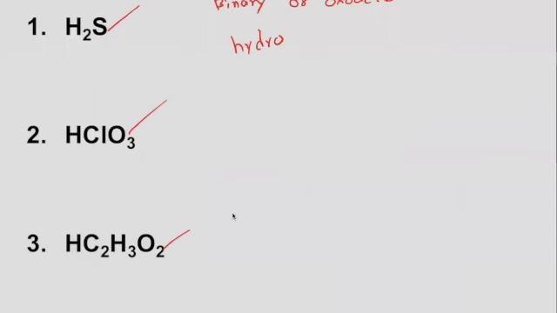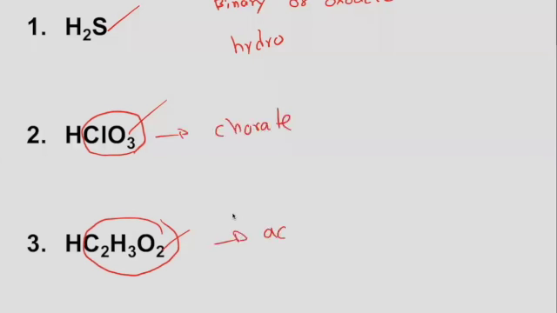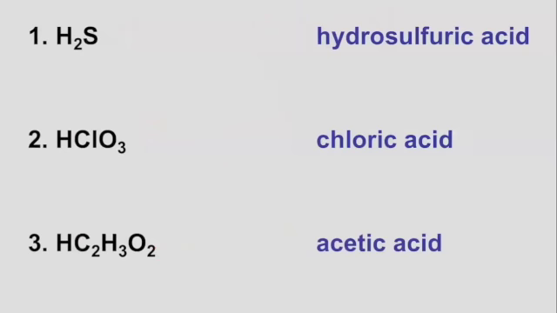And then you just take the base, so it'll be hydrosulfuric acid. Here, identify the polyatomic ion. What is this? This should be chlorate. And what is this? Acetate. So it will be chloric acid and acetic acid. Here are your answers.